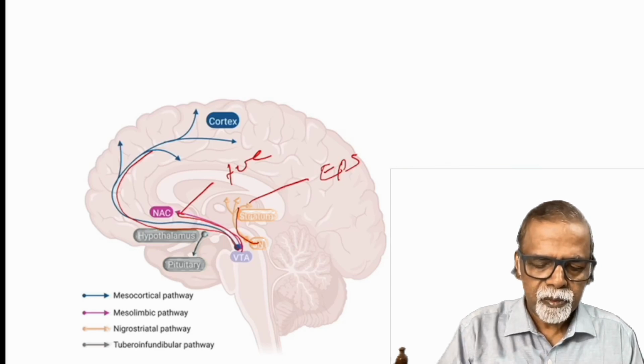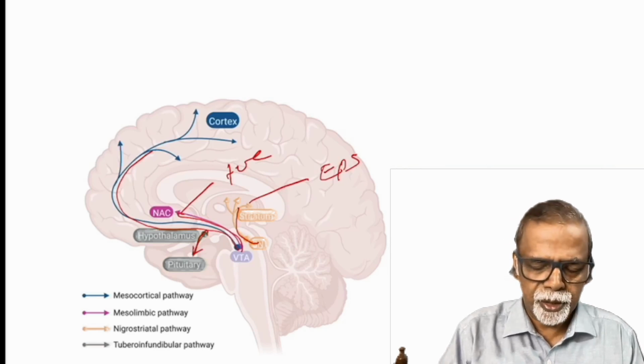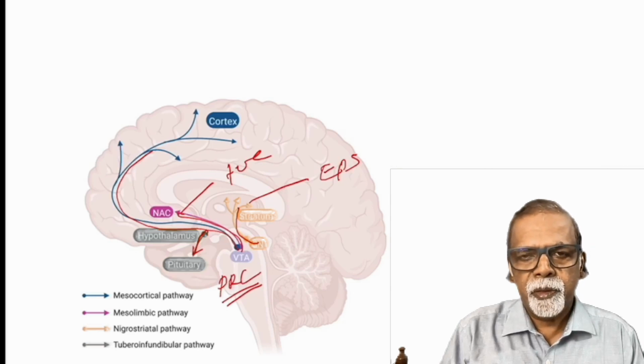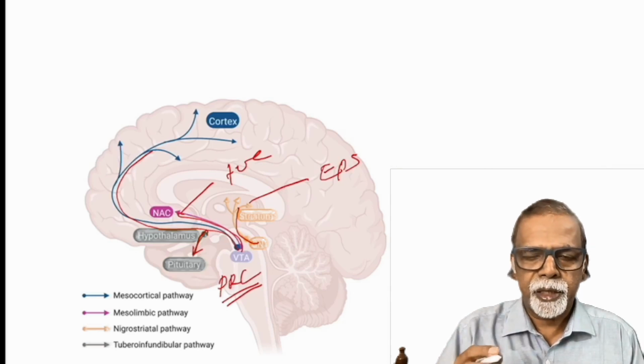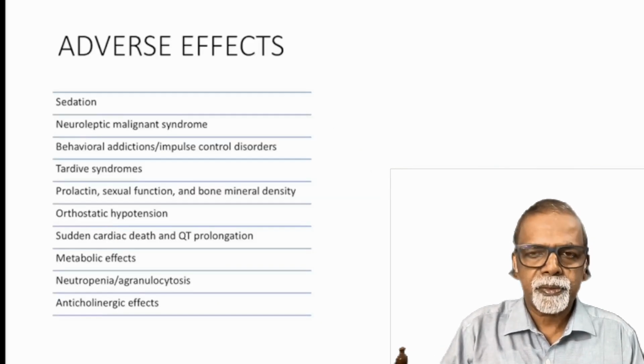The tuberoinfundibular pathway is concerned with the secretion of prolactin. Blockage of dopamine in this pathway leads to release of prolactin, hyperprolactinemia, and can produce sexual dysfunction.